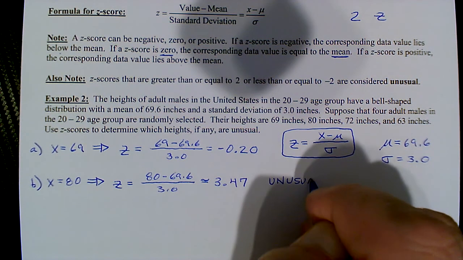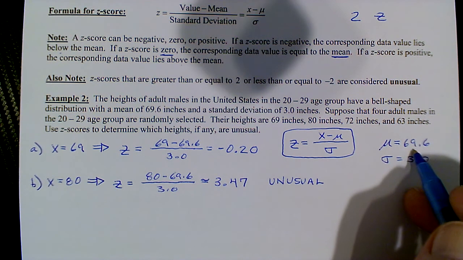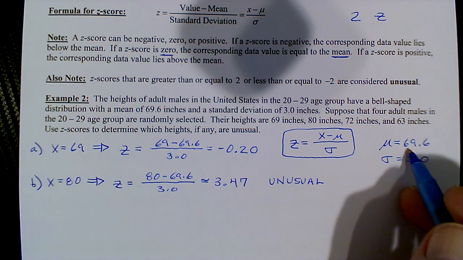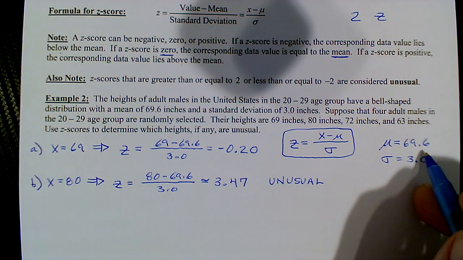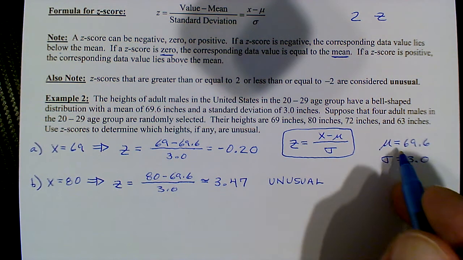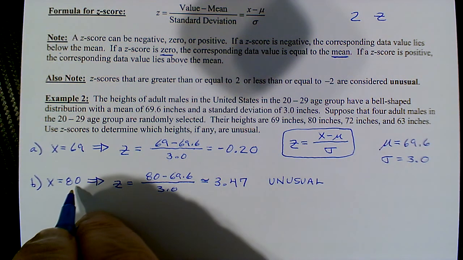Although these may not be the true statistics, 69.6 inches is about 5'9.6". And if you're 5'9", you're pretty close, so you're average. But if you're 80 inches tall, 80 inches is 6'8", and just thinking of a 6'8" person, that is quite unusual.